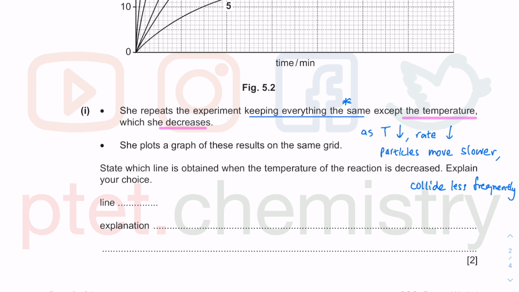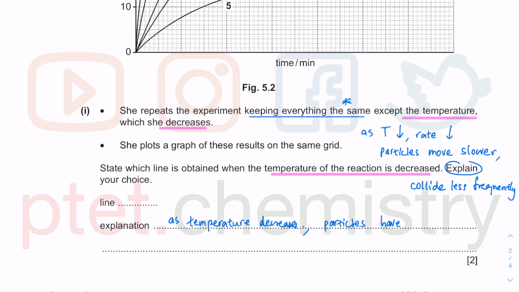Which graph will be obtained when the temperature of the reaction is decreased, and then explain your answer. I already kind of explained it in terms of collision theory. As temperature decreases, according to the question, we have to explain in terms of the energy of the particles.